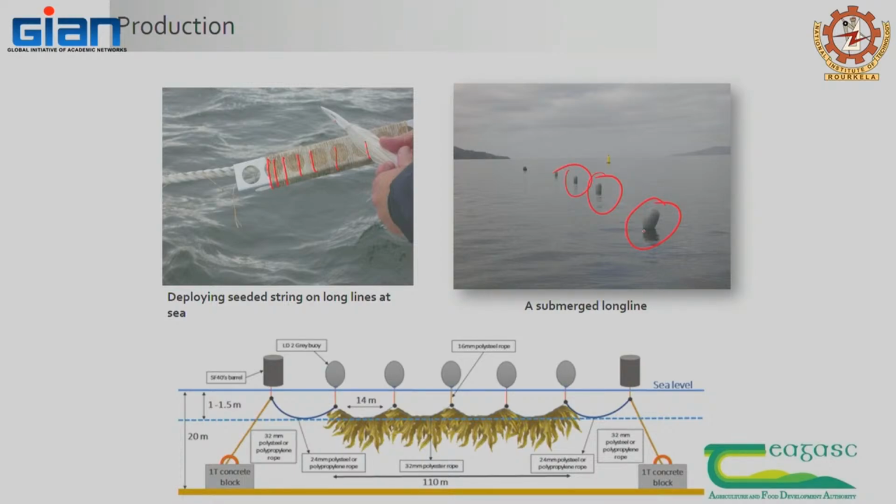That is the reason for these balls, something like 1.5 meter, and this is the string which is connected to these water balls, which are floating, and the string is there in the water. That is it. Spores onto thin string, that string attached to a bigger rope and dipped into the sea. Deploying seeding string onto long lines at sea.